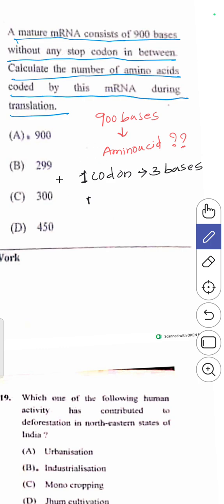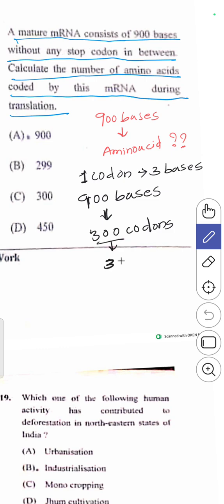Here there are 900 bases. 900 bases will have how many codons? It will have 300 codons. If there are 300 codons, then it will code for how many amino acids? 300 amino acids.